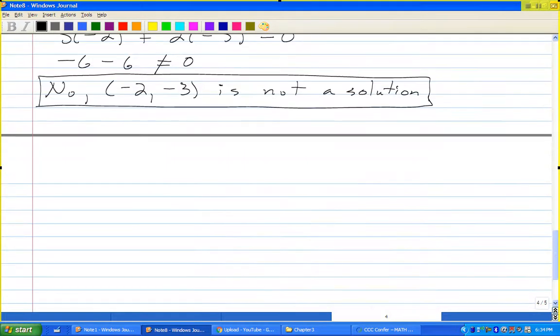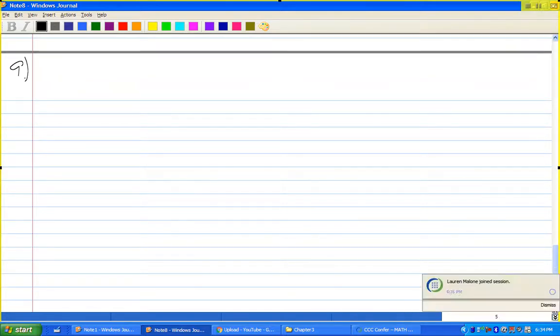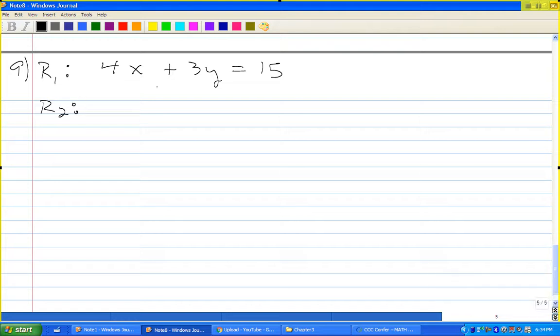Let me do problem number 9. 4x plus 3y equals 15. Let's call this R2. Problem 9. x minus y plus 5 equals 10. So it's asking, is (0, 5) a solution to this system of equations?